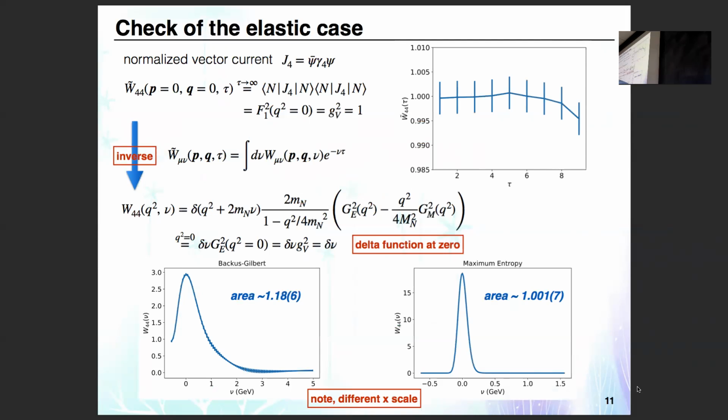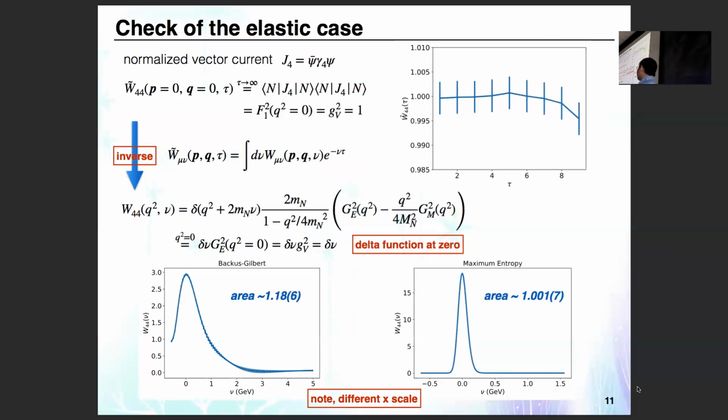Numerically, this is the Backus-Gilbert, this is the maximum entropy method. They are delta functions around 0, but this one is much sharper. Another check: because this is a delta function, the integral of this should be 1. So we can do the integral under this curve, and this one is very precisely 1, with a very small error.